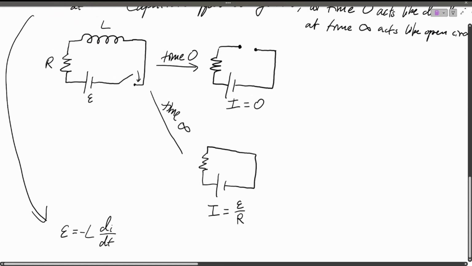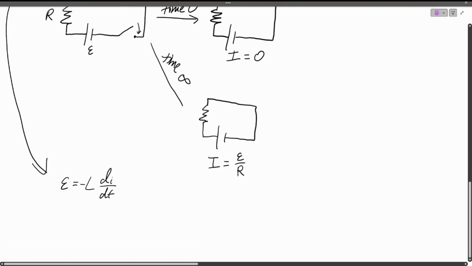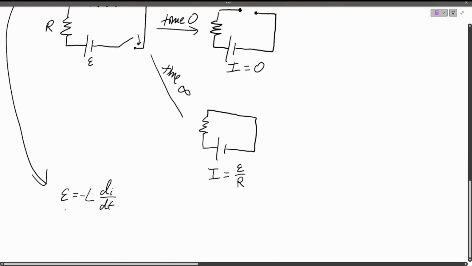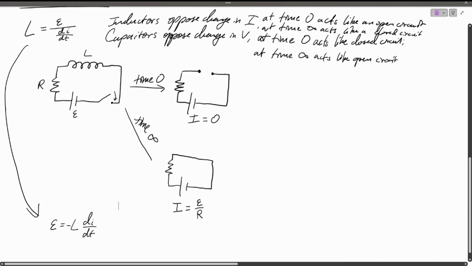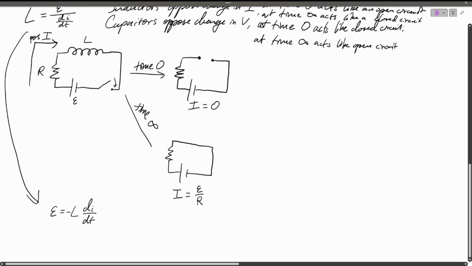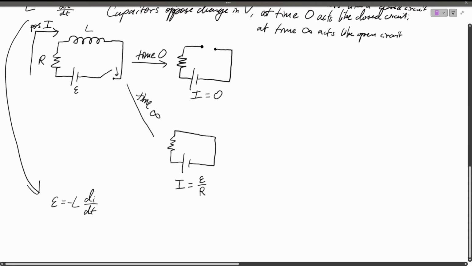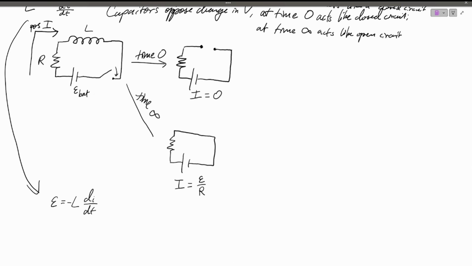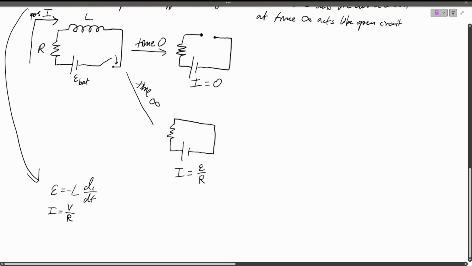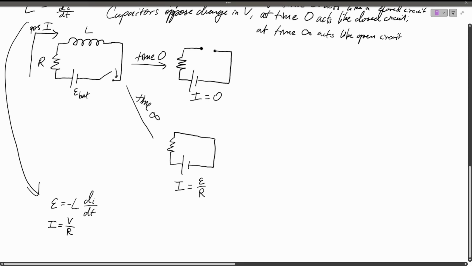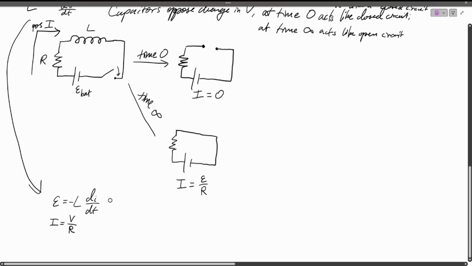So, working with this, if we look at our original circuit, the other thing going on here is there is a resistor. Before we move on, I'm going to define positive current as this direction, just so we don't get confused. I'll also be changing that to epsilon sub battery. And then the other equation we have is that I is equal to V over R, just for the resistor. So now, let's see what happens.